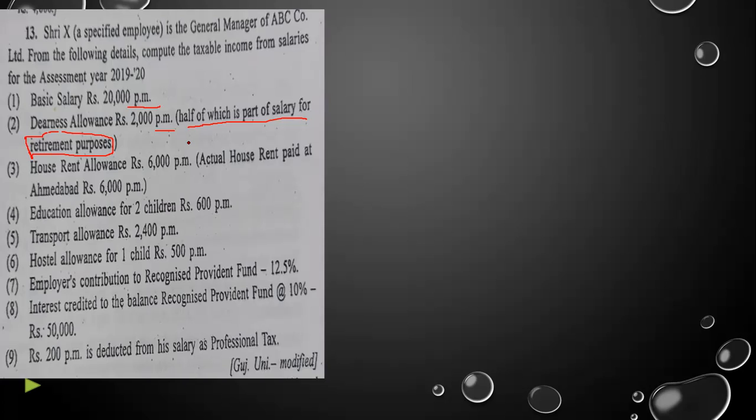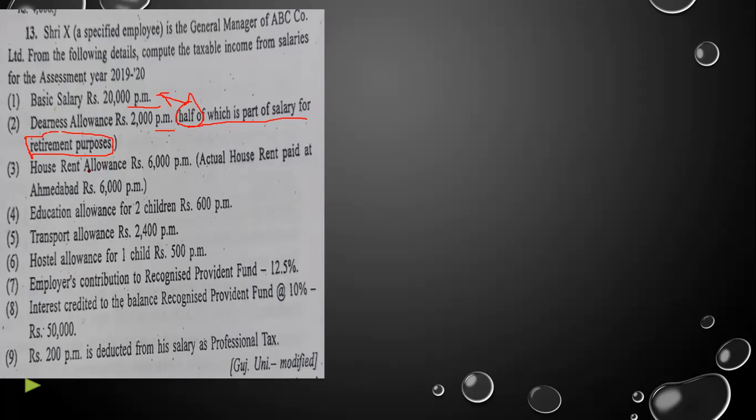This half portion will be added to basic salary while we calculate any allowances. At that time, salary will be treated as basic salary plus this half part of the dearness allowance given for retirement purposes. Clear?